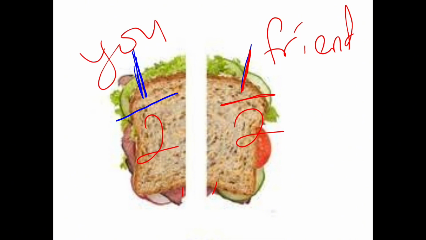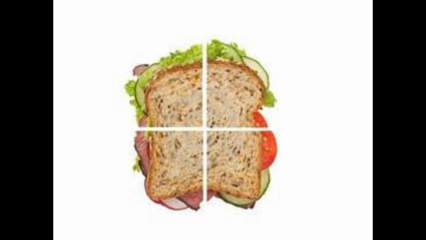And what if I say that your 2 other friends are coming to join you? So it means we need to share the sandwich into 4 equal parts, just like this, right? Good. So now let's look at the fraction of the sandwich that each of you will get.